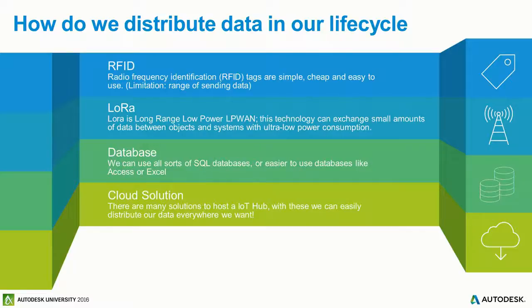But the most advanced way we have now is to make use of a cloud solution. You can buy lots of IoT hubs, Internet of Things hubs, and then everything is in the cloud. So it's all automated, and you get it back. And I will show you how you can do that as well.